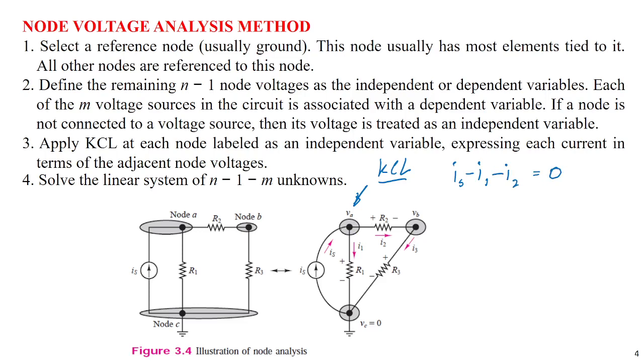The summation of the currents is 0. So Is equals I1 plus I2.